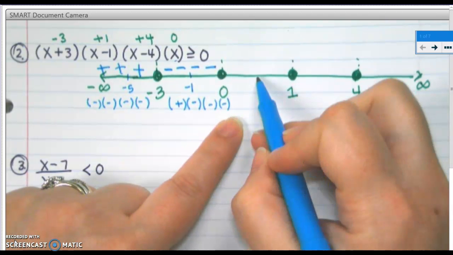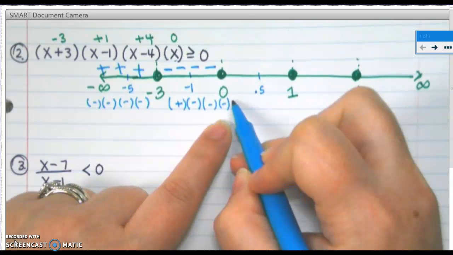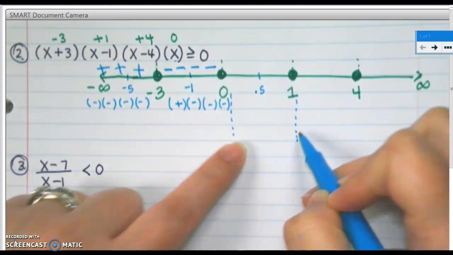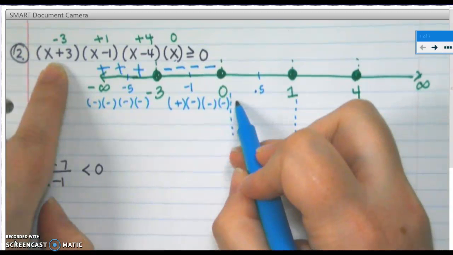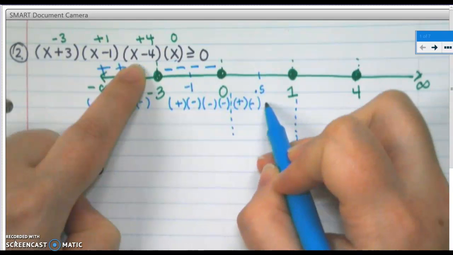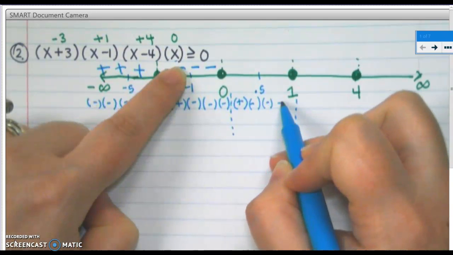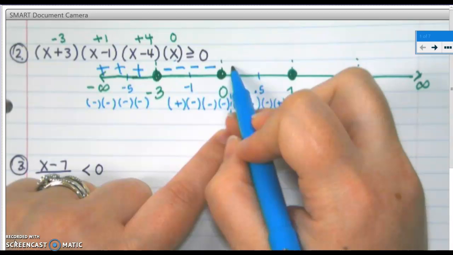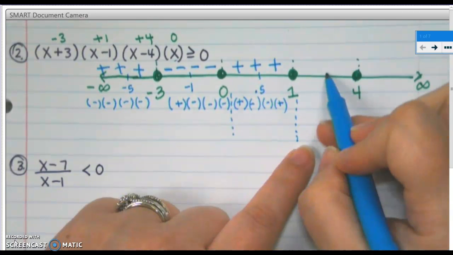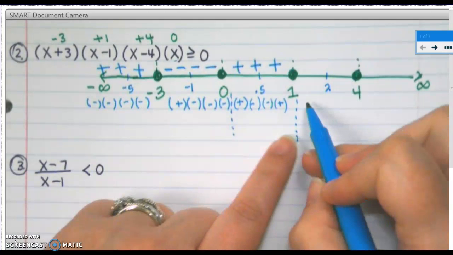Between 0 and 1, I'm just going to pick 0.5. I'm running out of space here. So that would be positive, negative, negative. So if I multiply this out, those would be positive numbers. 2.